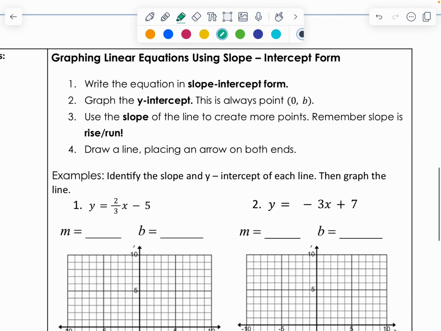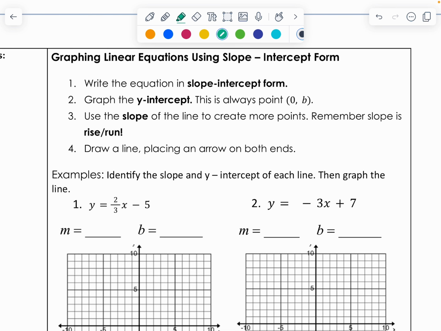Graphing linear equations using slope-intercept form. You're going to write the equation in slope-intercept form, graph the y-intercept, which is always 0, b. Use the slope of the line to create more points. Remember, slope is rise over run.